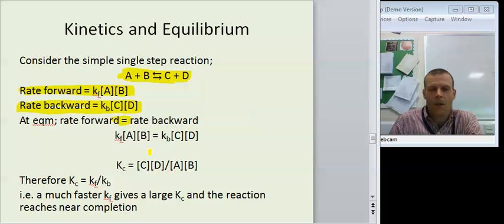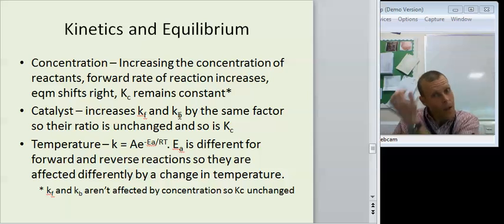Rate of forward is equal to rate of backward. Rearranging that, you can see that I can tie it in with my equilibrium expression here, and ultimately it means that Kc is the same as the rate constant of the forward reaction divided by the rate constant of the backward reaction. So we've linked the equilibrium constant to rate constants.